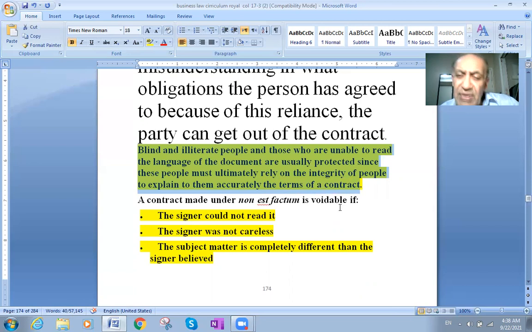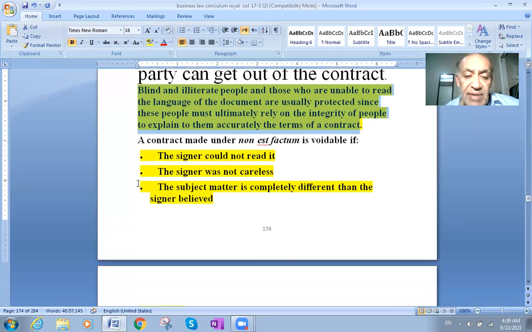Sometimes you have a blind or illiterate person who cannot read or write, so they depend on some people to explain what is written. If it is proven by the court, it can take you out of the contract, because you would say, a mistake, I didn't mean it, I didn't know. A contract made under non est factum is voidable if.